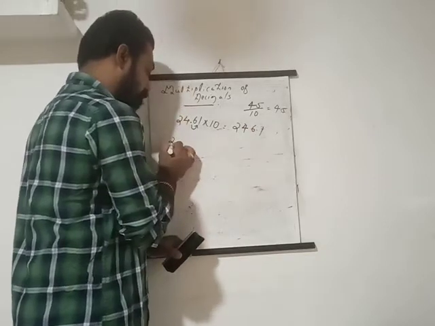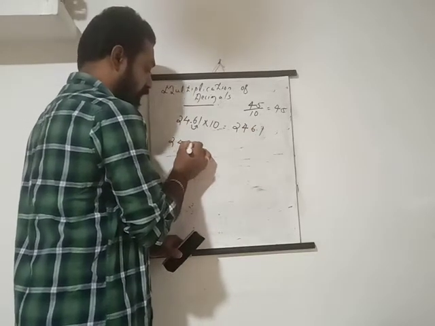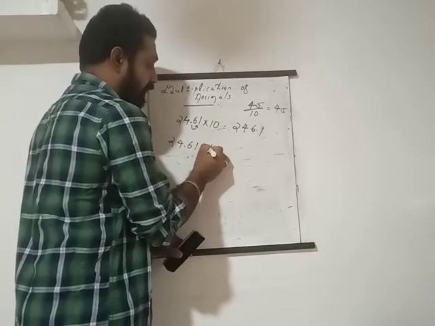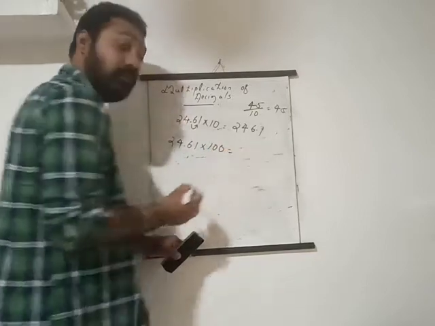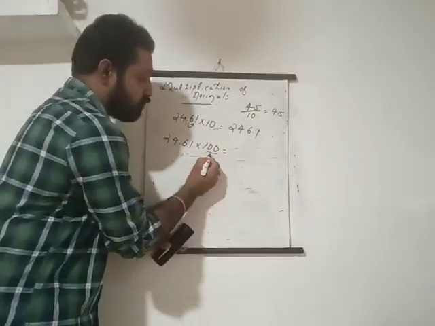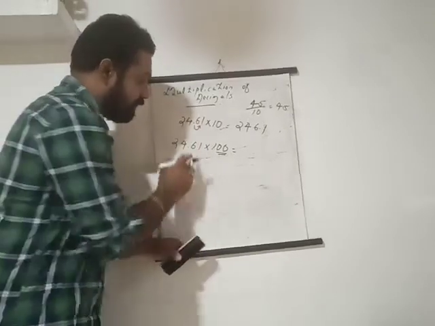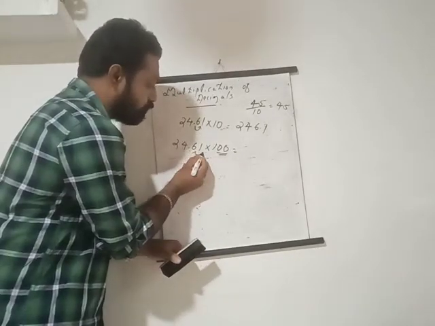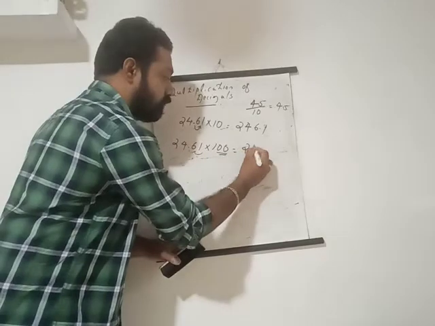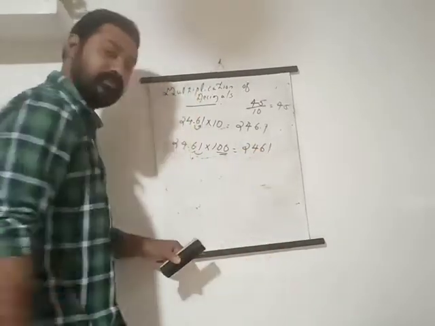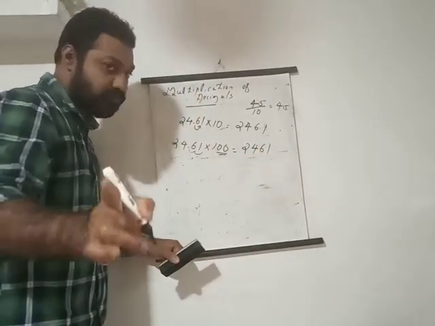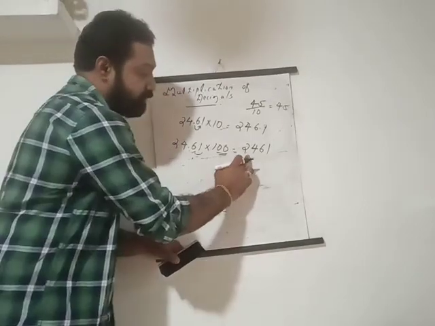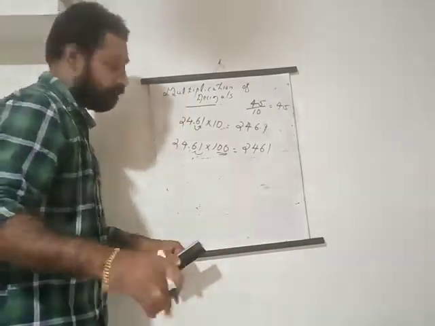The same number, if I am multiplying with 100, there are 2 zeros, so the point moves first to here, then to here. So this becomes 2461. Understand?